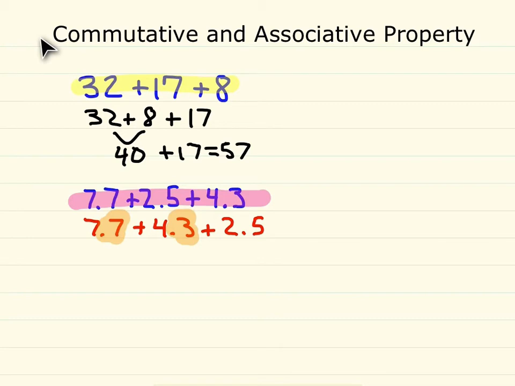So 7 plus this 4 equals 11. And then your 7/10 and your 3/10 equals one whole. So 7 and 7/10 and 4 and 3/10 equals exactly 12. And then add 2 and 5/10 and we get 14 and 5/10. So we are allowed to use the commutative property to add decimals together easier.